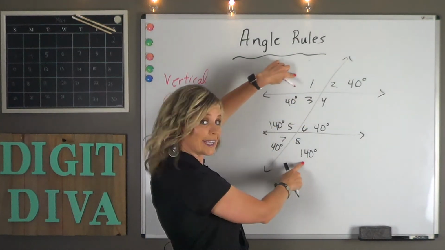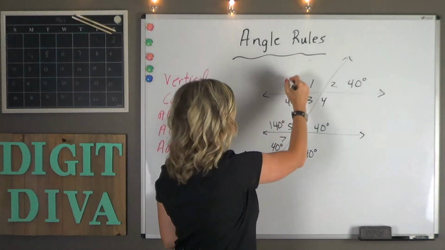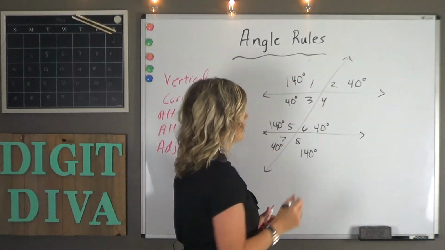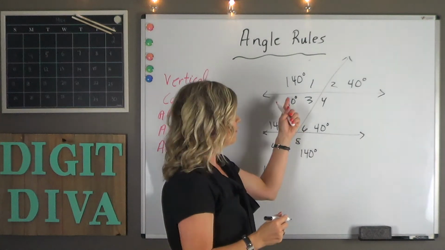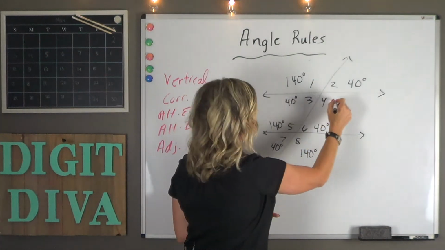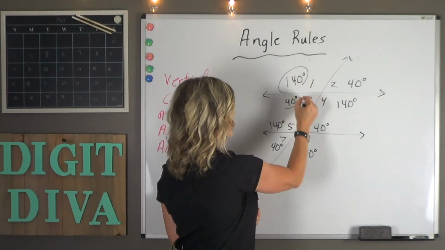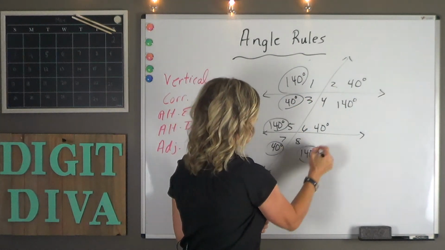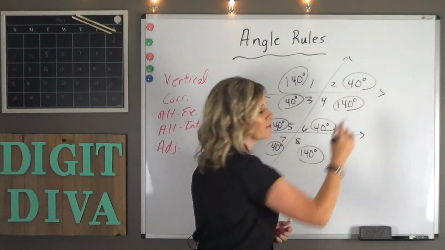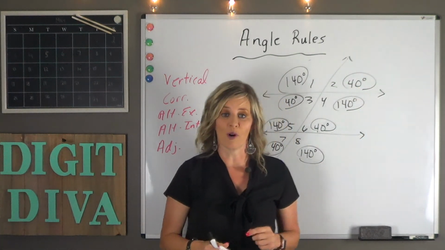Well, alternate exterior angles are congruent, so angle 1 would be 140 degrees. Well, 4 is across from angle 1. They're vertical angles. And so now look at what's happened. We have all 8 angle measures when only being given 1.